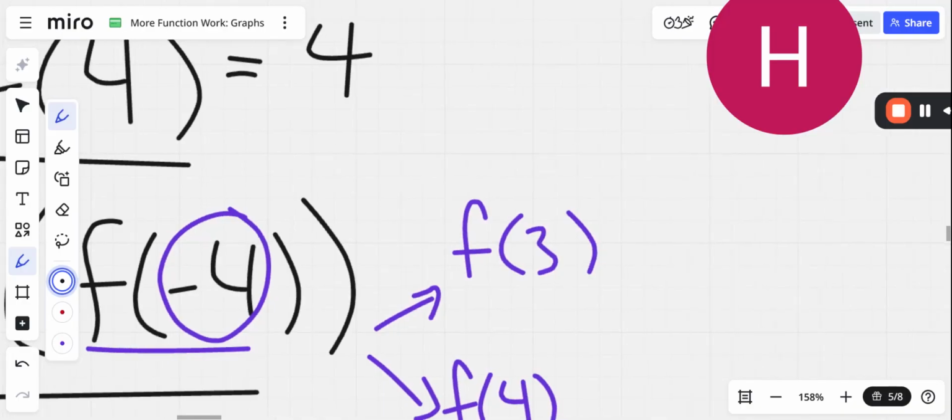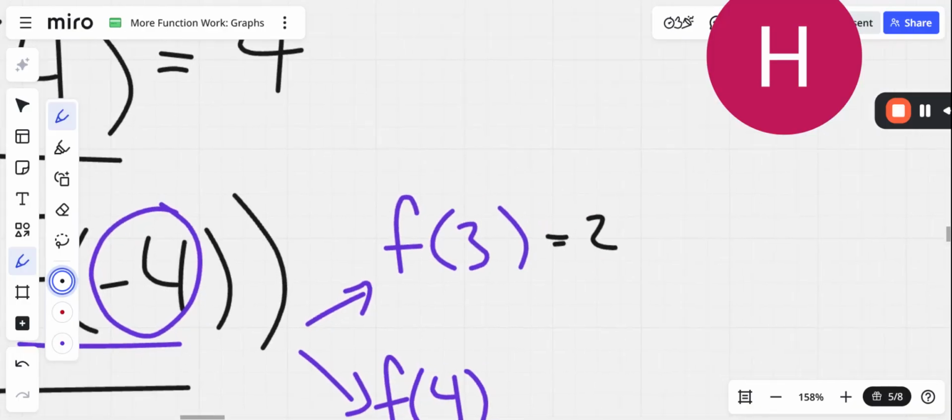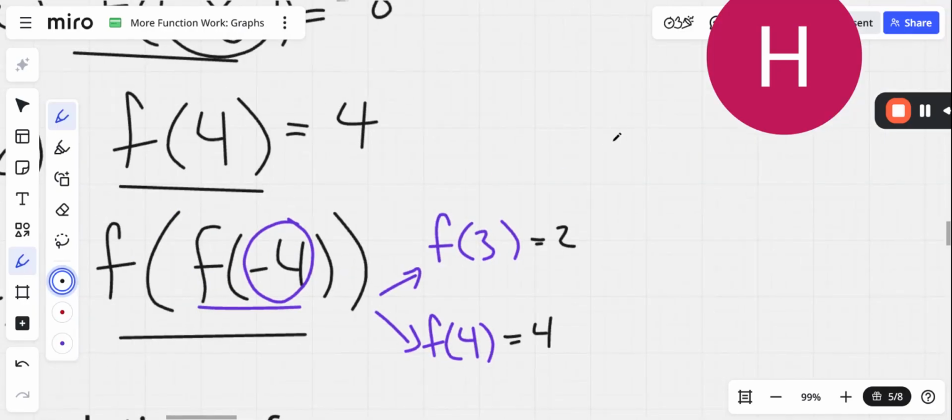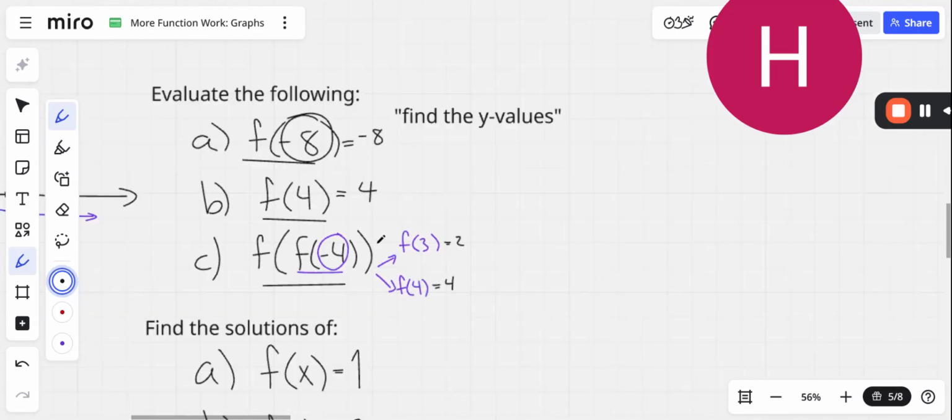In the future, you'll probably have a better graph than the one I drew. And if you used f of negative 4 equals 4, then you can plug that in and you will also get 4.